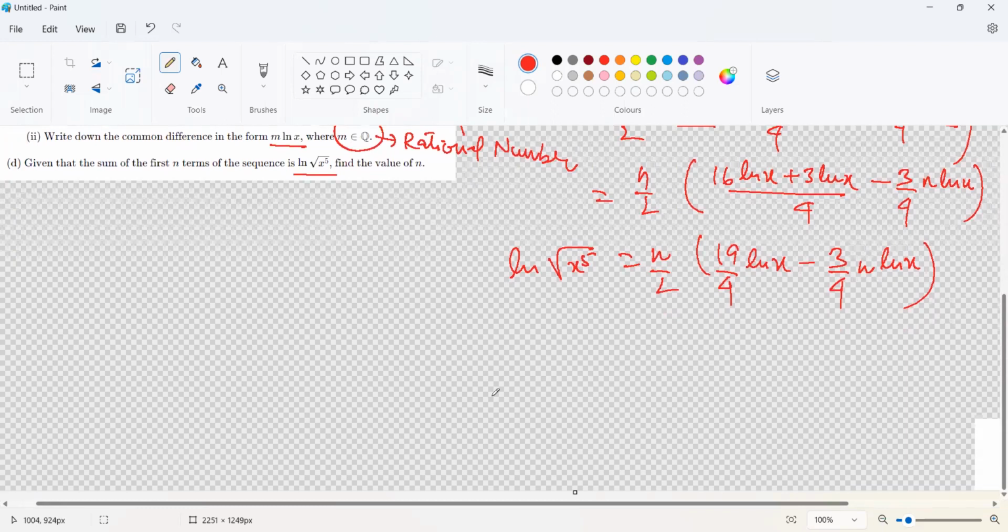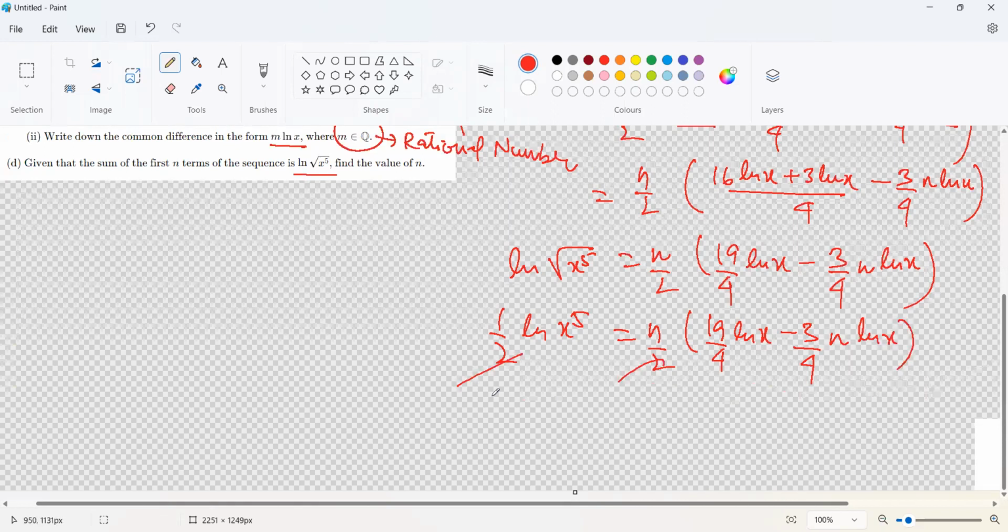So let's equate that: 1 by 2 ln x raised to the power 5 equals n by 2 times 19 upon 4 ln x minus 3 upon 4 times n ln x.